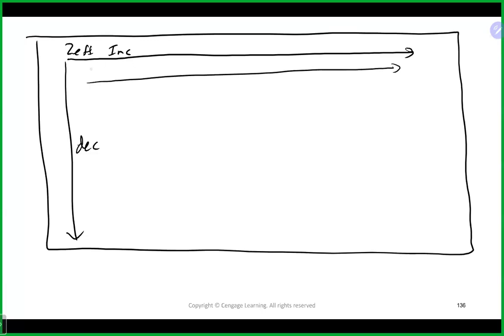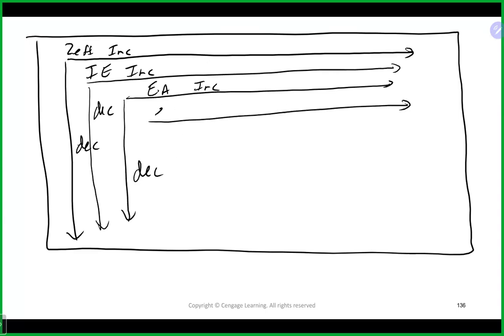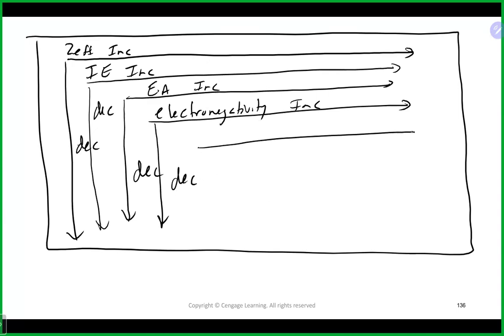We see ionization energy increase up to the right, decrease down. We see electron affinity increase up and to the right, decrease down. We see electronegativity increase up to the right on the periodic table, decrease down. And lastly, we see size decrease up and to the right and increase as we go down.